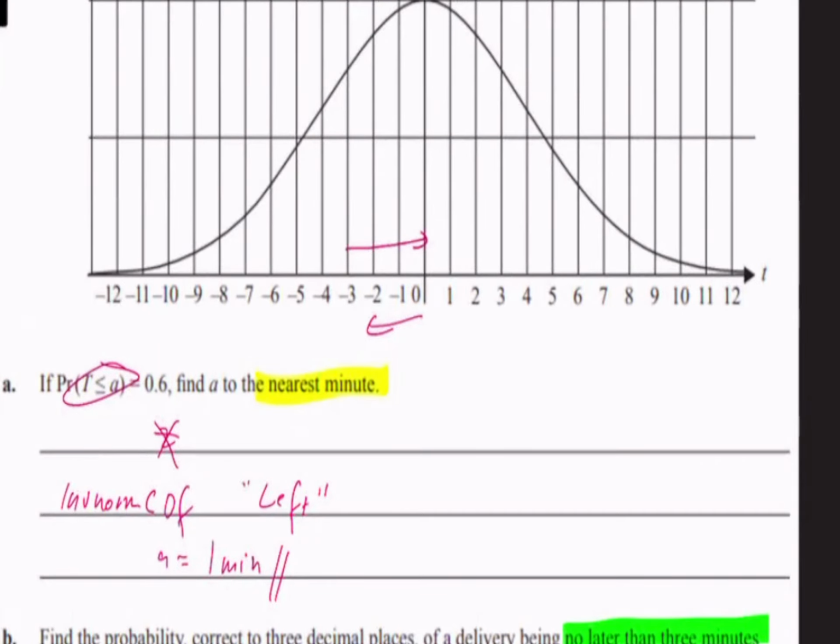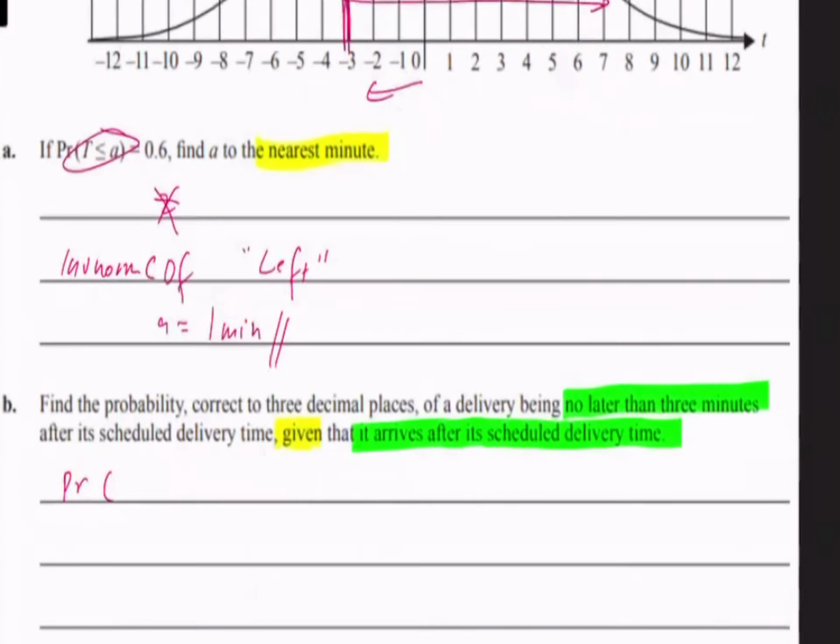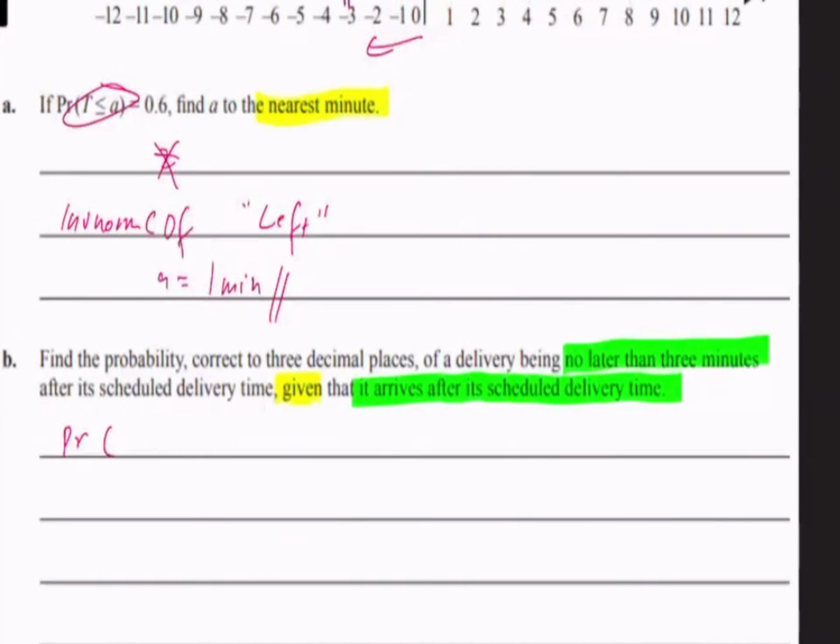So actually it's going to be from here all the way to here, because if it's no later than 3 minutes, that means it might arrive on time or even earlier. So we have t is greater than or equal to -3, given that t is less than 0.